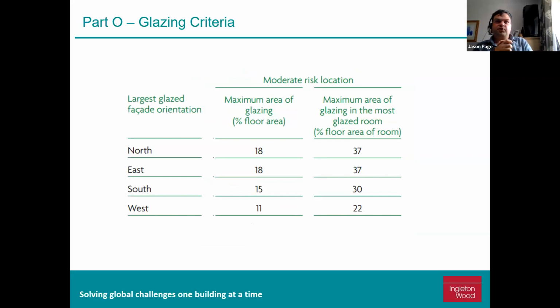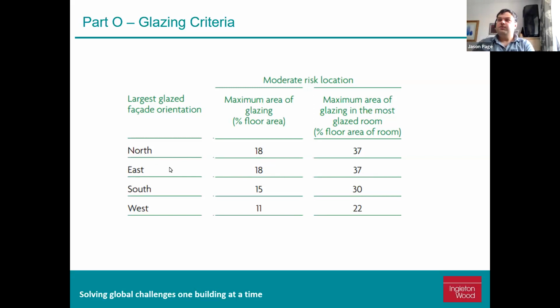That's going to determine the maximum amount of glazing you can have in both the building and the most glazed room. So if your facade with the most amount of glazing is the east, you can have up to 18% of your floor area as glazing in the building, and up to 37% of your maximum glazed room floor area as glazing in that room.